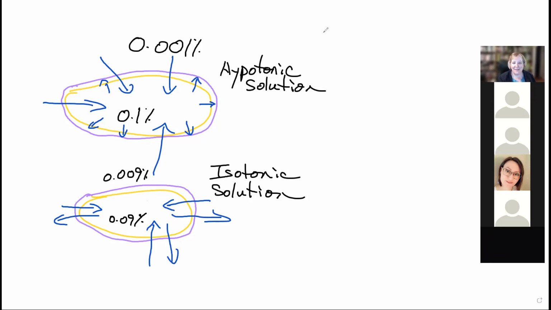Now let's get to the reverse of our hypotonic. What would we call the reverse of a hypotonic solution? Hyper. Very good, hyper.